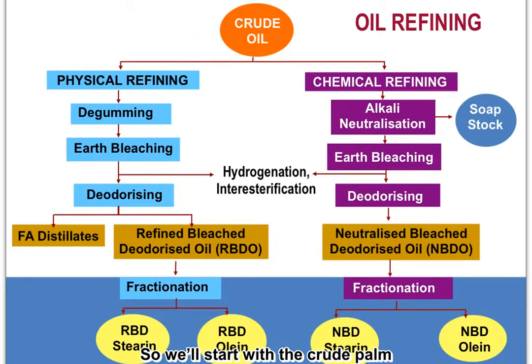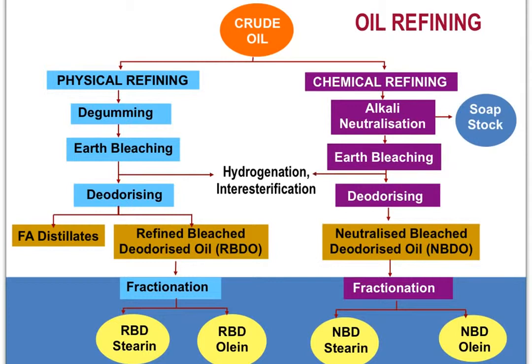Then for the refining process, in general, we can divide the process into physical refining, basically by using high temperature steam distillation, and chemical refining, which uses alkali or caustic solution to remove the components that need to be removed during the refining process.